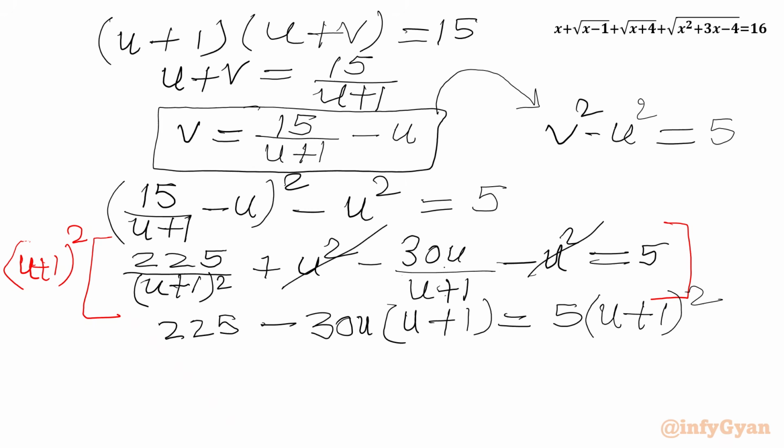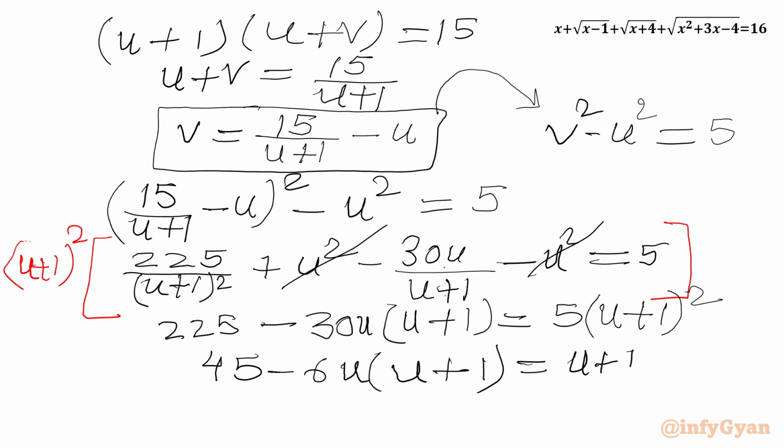Now our equation is divisible by 5. So we will divide both sides by 5 and get 45 minus 6 times (u plus 1) equal to (u plus 1) whole square.